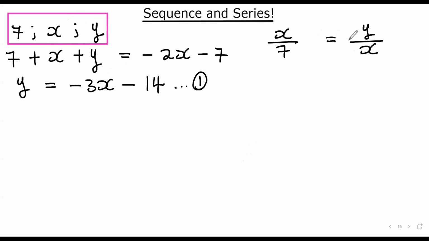And here, when you cross multiply, you find that 7y will be equal to x squared. You can call this the second equation.